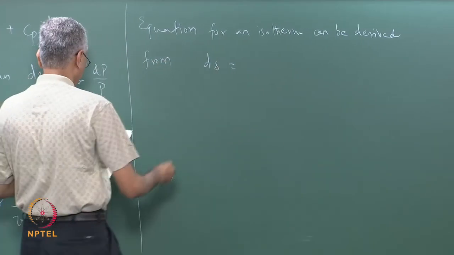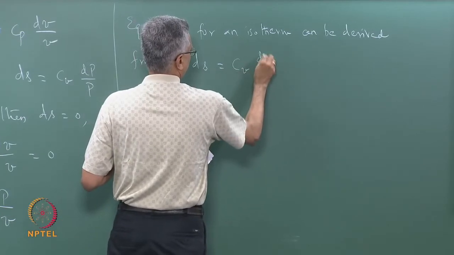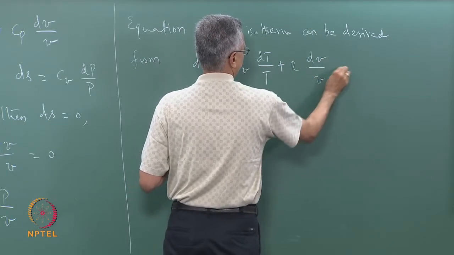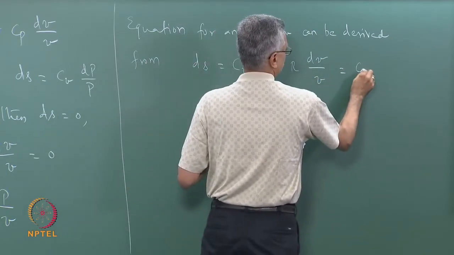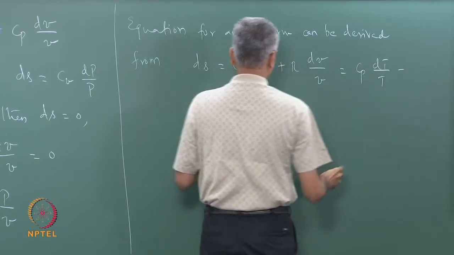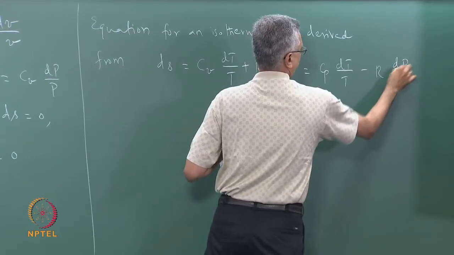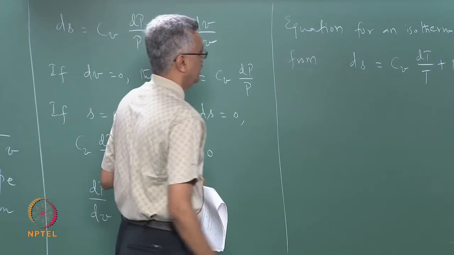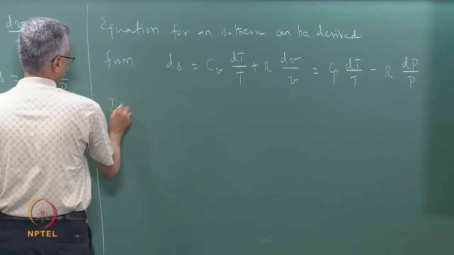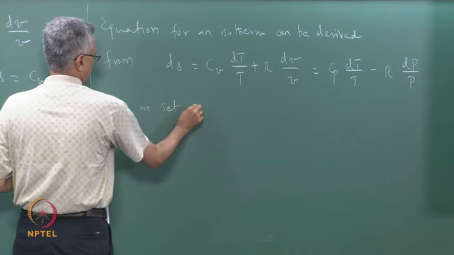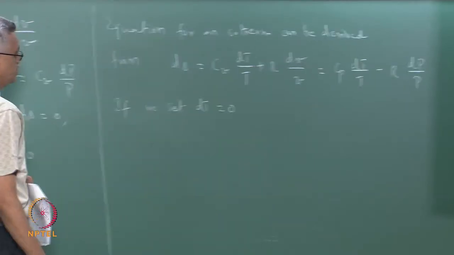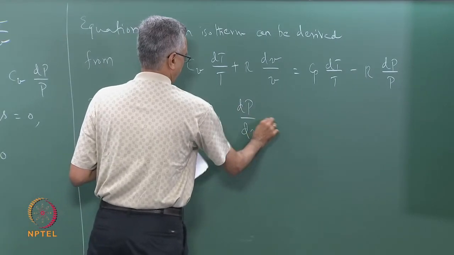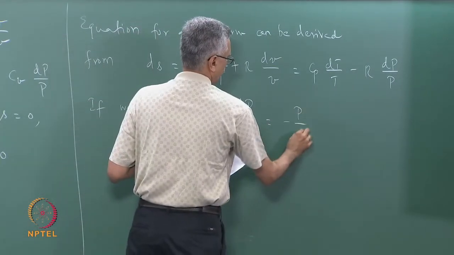We know that ds is equal to Cv dT over T plus R dV over V, which is also equal to Cp times dT over T minus R times dP over P. If I take the last two equalities and set dT equal to 0, to obtain the equation of an isotherm, we get dP over dV is equal to minus P over V.